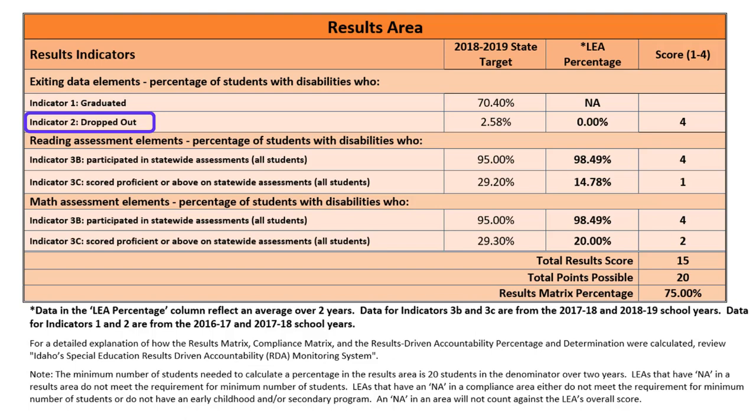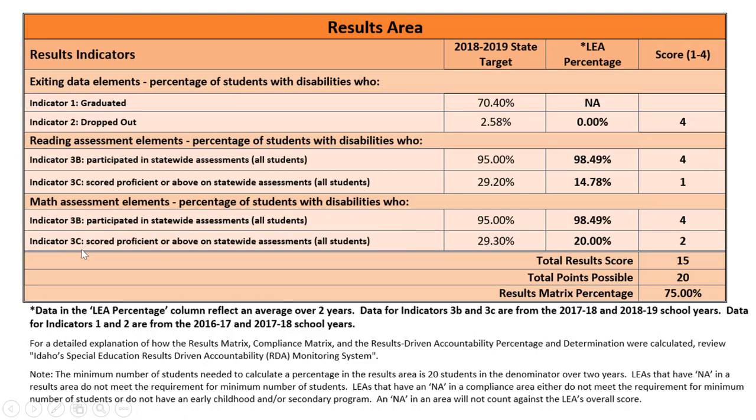And then we have participation and performance on the ISAT. So we have indicator 3B, which is participation. We have that in ELA. And then we have indicator 3C, which is proficiency in ELA. And then underneath we have math participation and math performance.